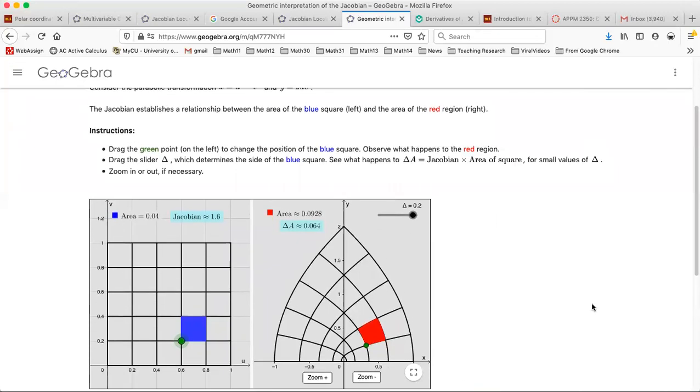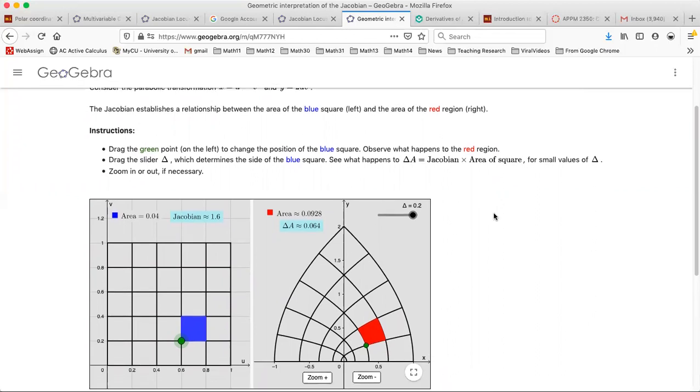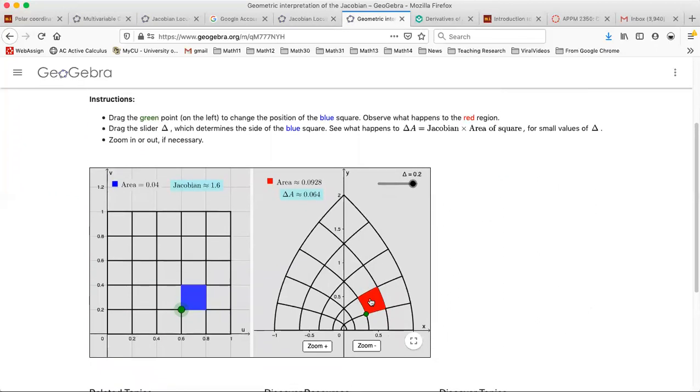This is a different transformation. In this case, I'm letting x be u squared minus v squared and y be 2uv. And again, we'll talk about how to come up with these specific transformations in our example. But what I'd like you to see is, as I move around, okay, what I need to know is if I take my original region, which has this base in red, and I translate it to a much easier one in blue, what does my dA become?